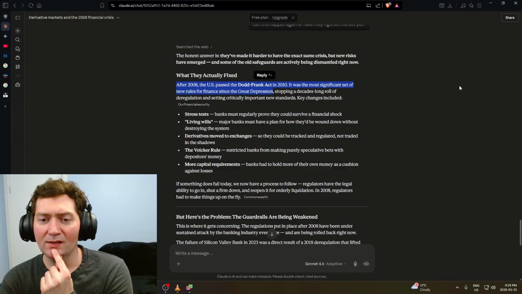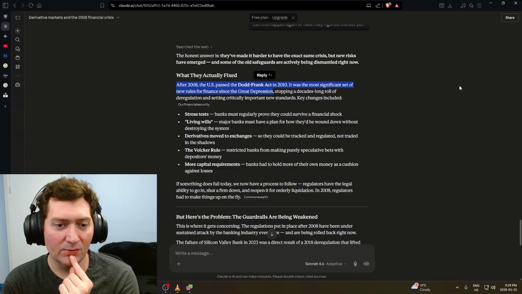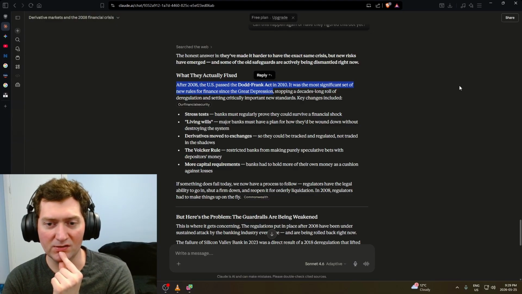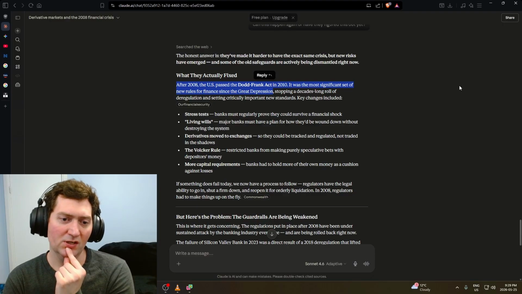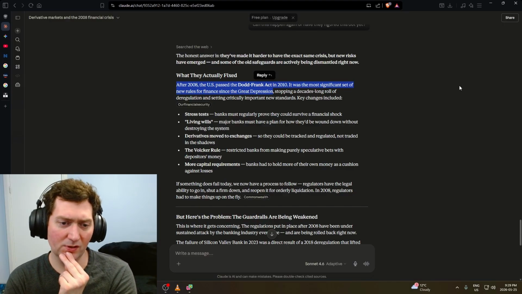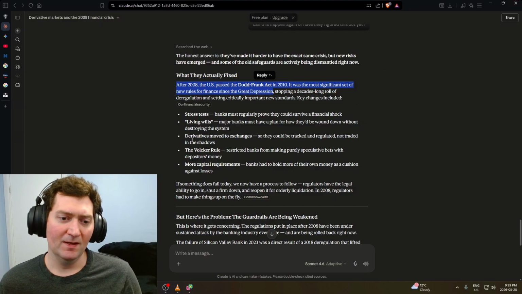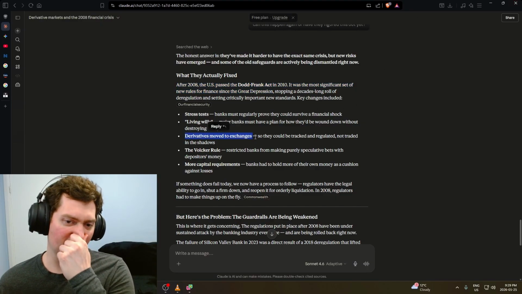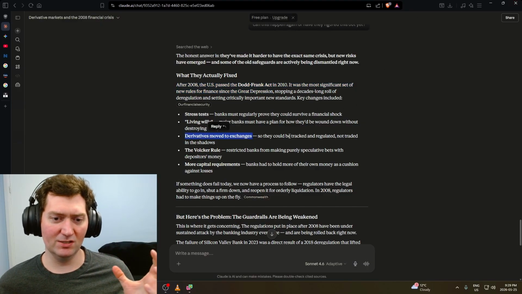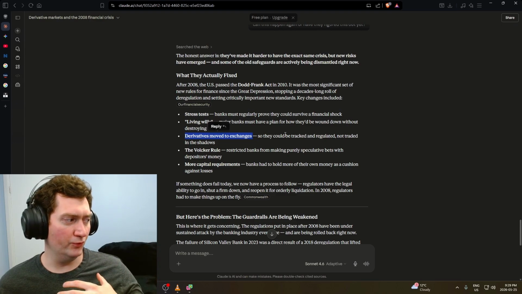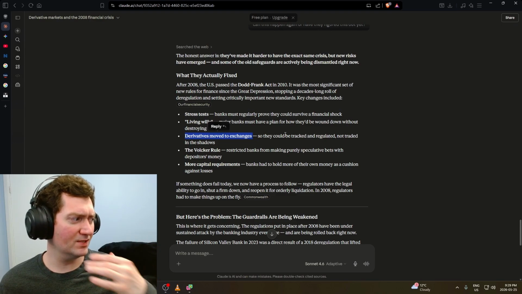Stopping a decade-long role of deregulation and setting critical, important new standards. Key changes include stress tests, living wills, derivatives moved to exchanges. This is it. Derivatives were moved to exchanges, but do exchanges then move risky derivatives elsewhere or something?